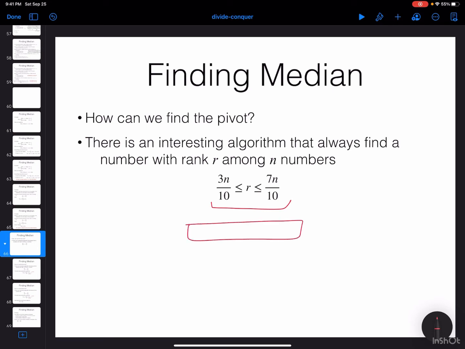This is still giving me exactly the good properties of the previous relation that I proved. This is going to be, for example, 10n divided by 10, 3n divided by 10, and this is another 3n divided by 10. And the value of the pivot will fall in this interval somewhere here among all the n numbers. Okay, so what is this algorithm?